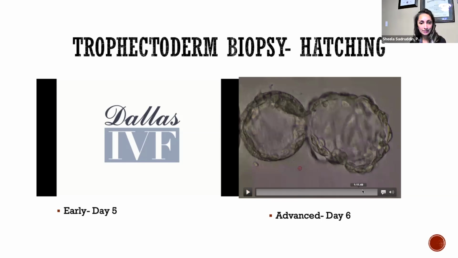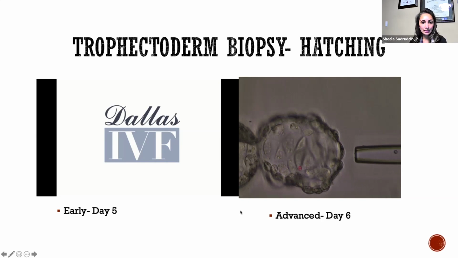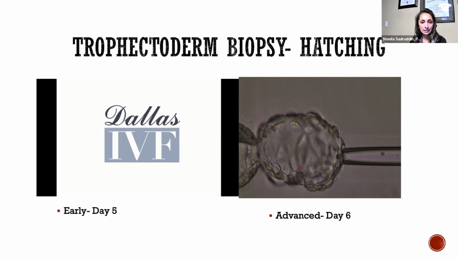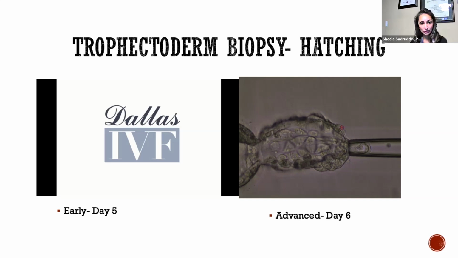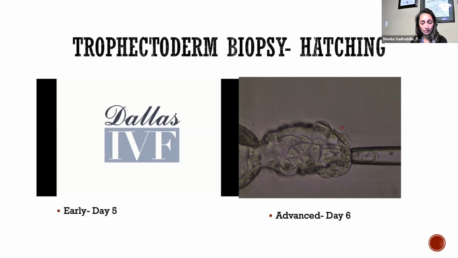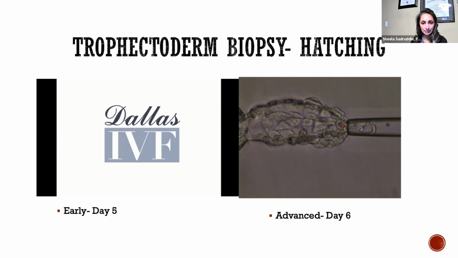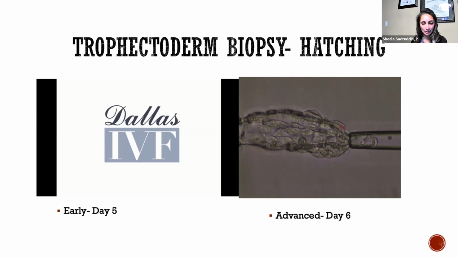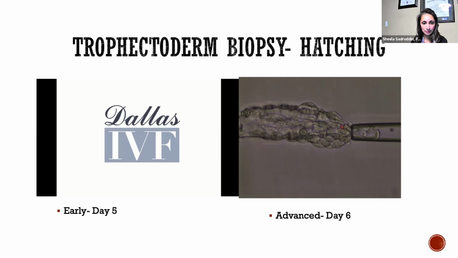And now if you'll go ahead and play the day 6 embryo biopsy video, please. And then here you'll see that even though both of the biopsy procedures are going to be different, obviously you have a more advanced embryo. So you see a larger group of cells that are hatching out of the zona pellucida when I'm training.